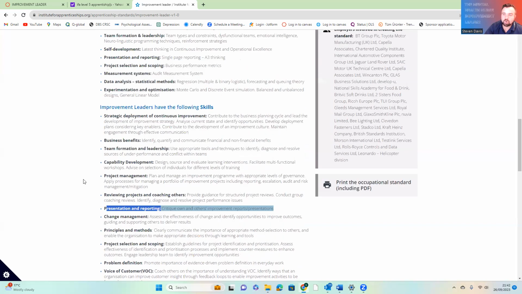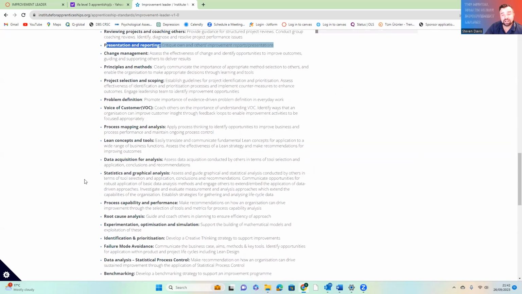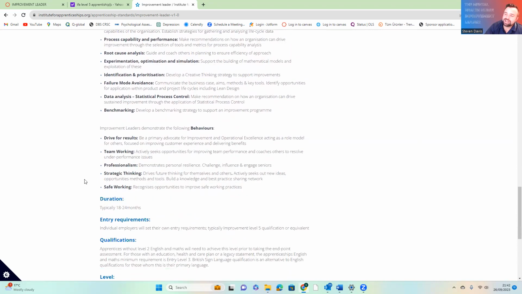So there's a lot more skills involved here in the quality improvement leader. And then finally then, looking at the behaviours, and behaviours are very much something that I would expect you to be doing all the time. It's not something you should just be doing to achieve a standard. It is clear within the title, quality improvement leader, that you are driving those results.